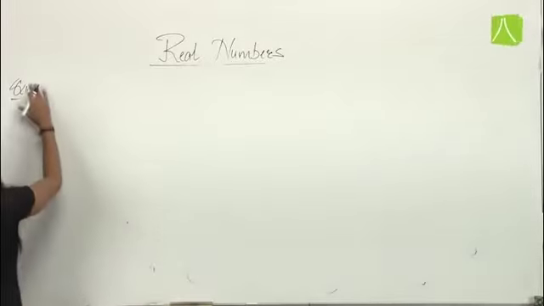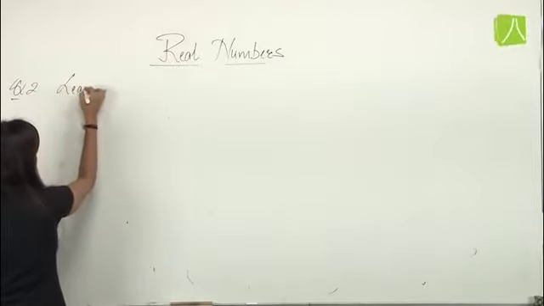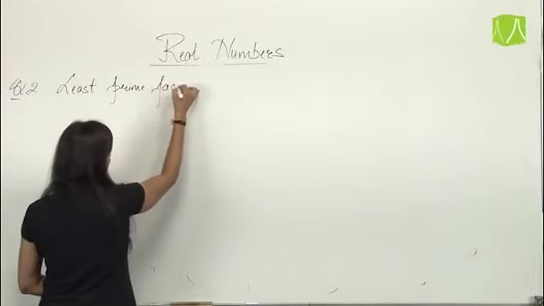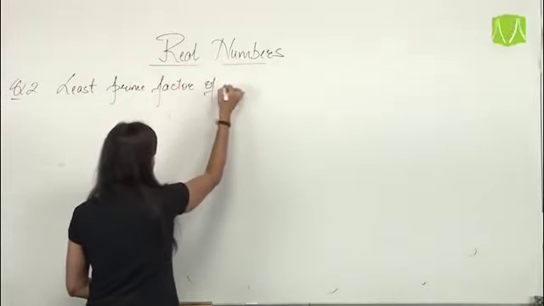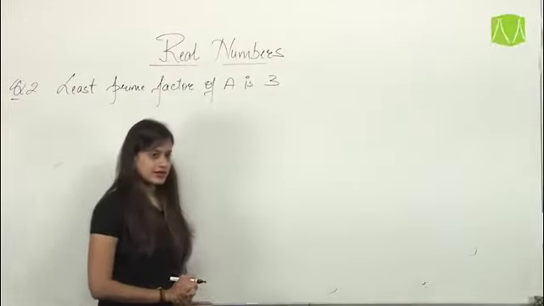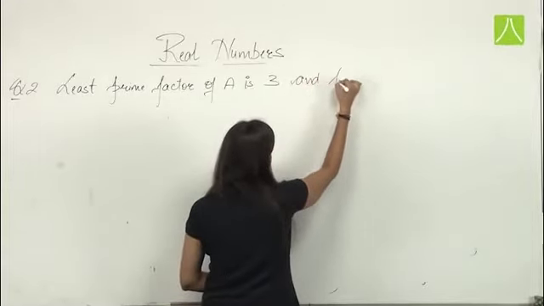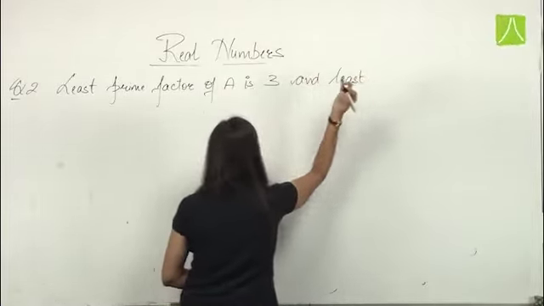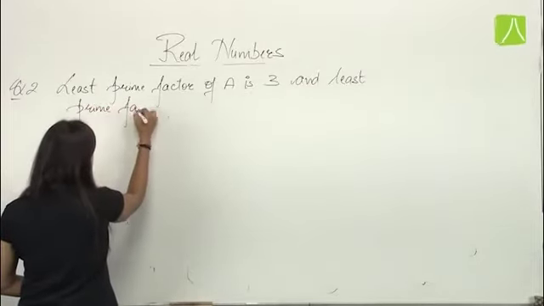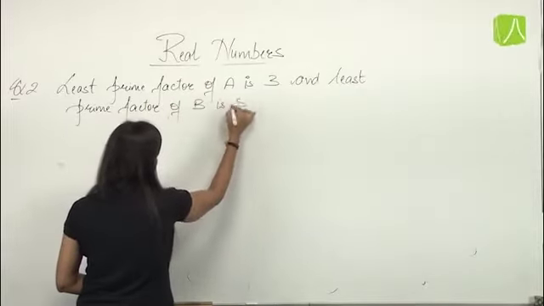Second question is, it is given the least prime factor of A is 3 and the least prime factor of B is 5.